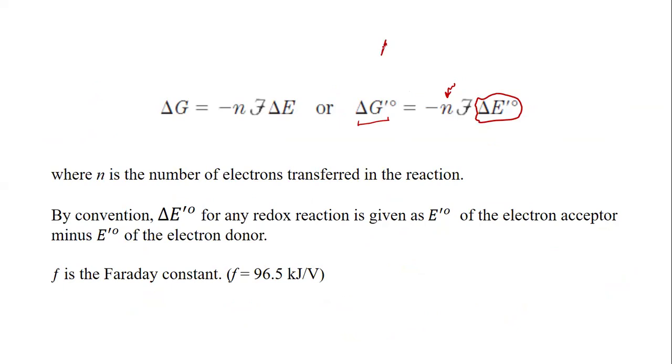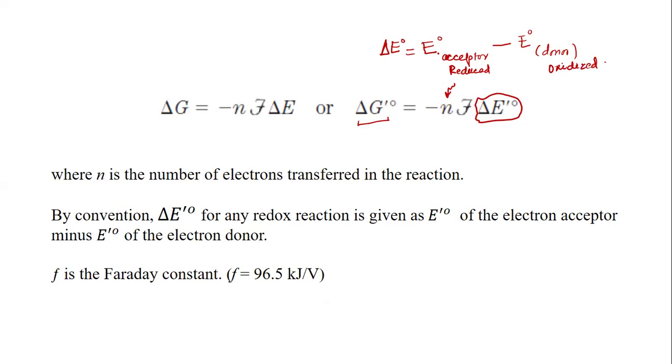So how can we calculate delta E naught? It is equal to the reduction potential of the acceptor minus the reduction potential of the donor. Or in other words, the reduction potential of the species being reduced minus the reduction potential of the species being oxidized.